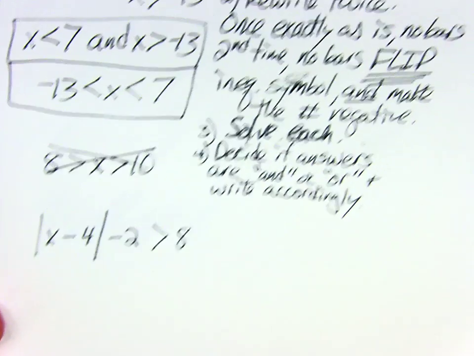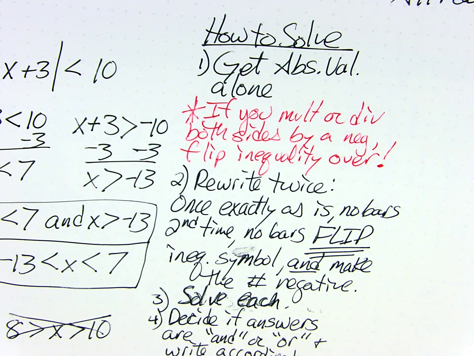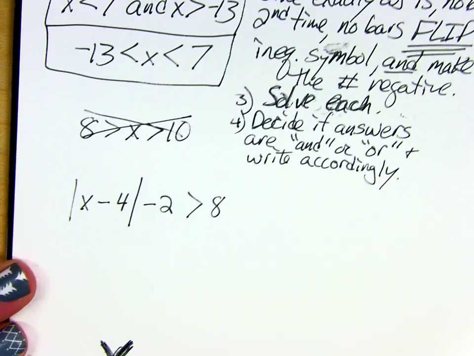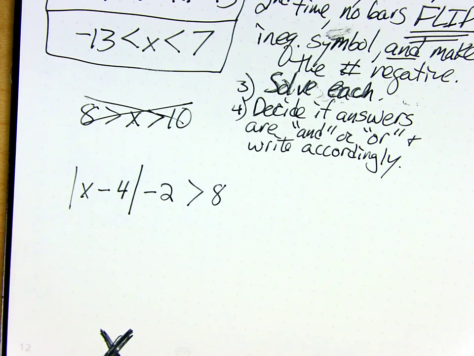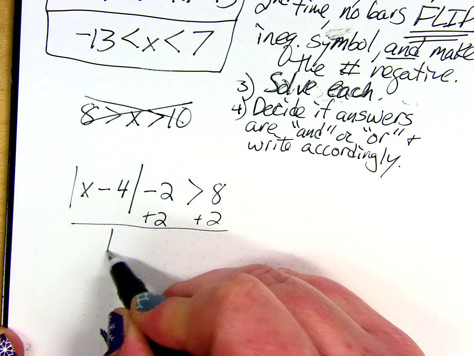According to step 1, I have to get the absolute value alone. In this case, the absolute value is not alone, so I would have to add 2 to both sides first. Add 2, add 2. Okay, that wasn't so bad.